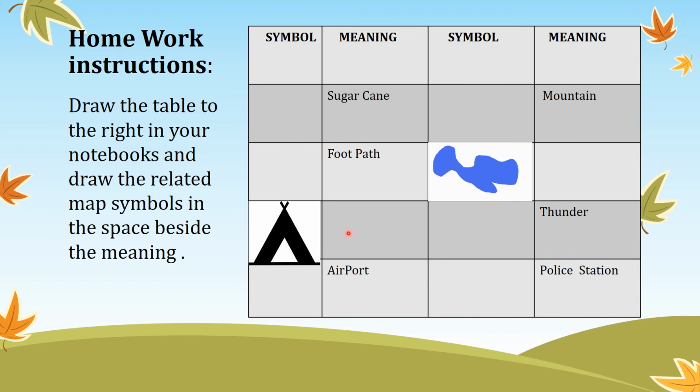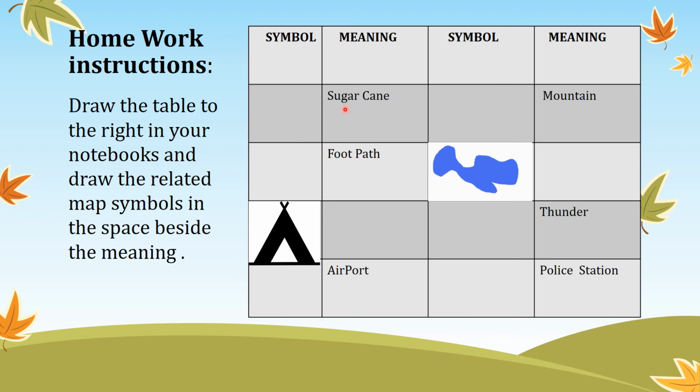We are down to homework at this time. What I want you to do for me, guys, is to draw a table similar to this one on my right in your notebooks and fill in the appropriate spaces with the symbol or meaning.